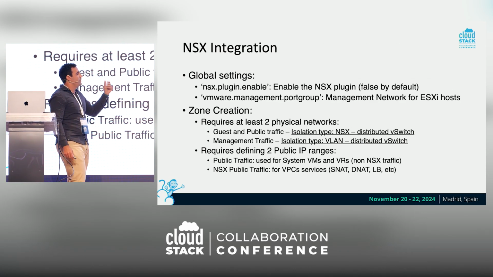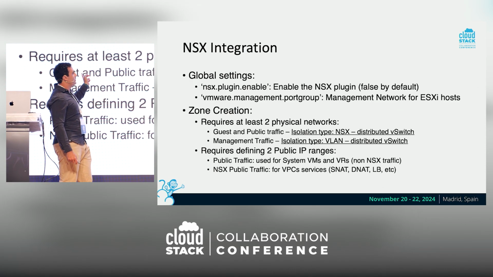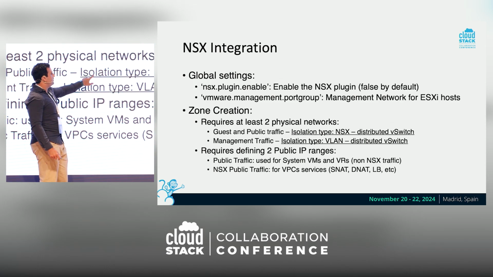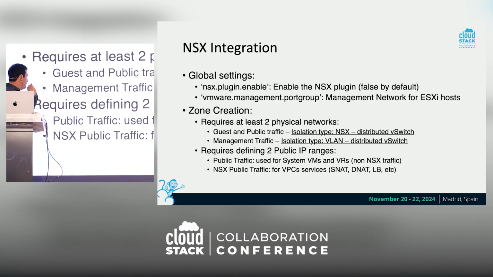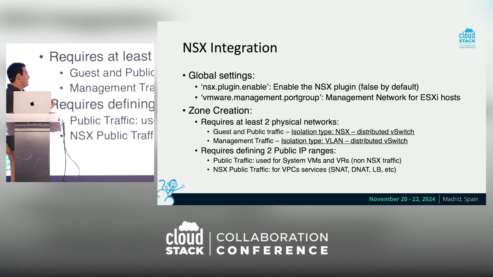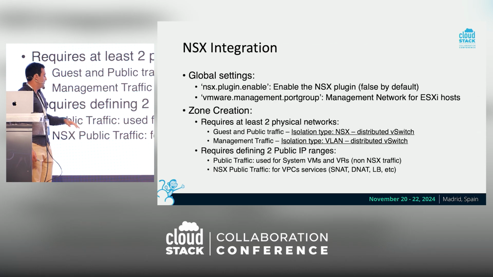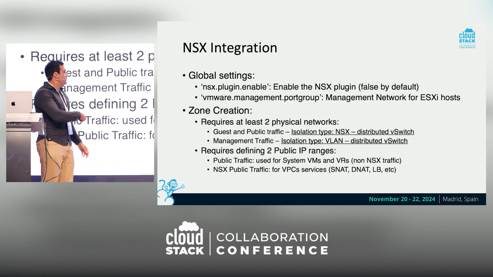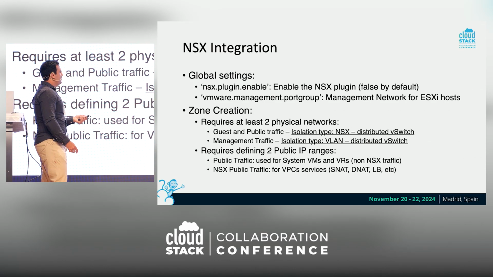They both will be in distributed vSwitches, but it's important that the guest and public traffic has the isolation type NSX. And then we'll need 2 public IP ranges, one that will be used only for system VMs, and the other for VPC services, such as NAT, port forwarding, load balancing, etc.